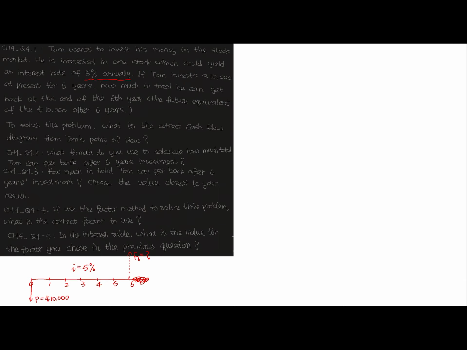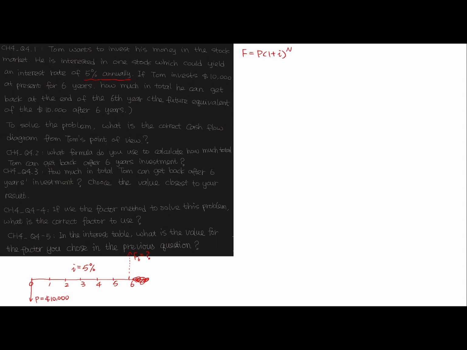And the question: what is the future value of that 10,000 present? So we have a formula for that, right? It's F equals P times (1 plus I%) to the power of n.